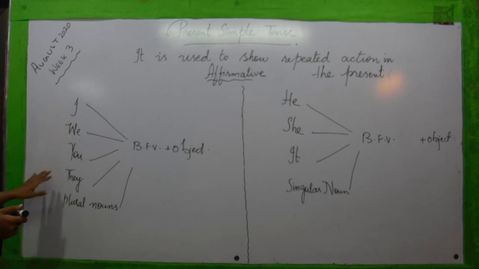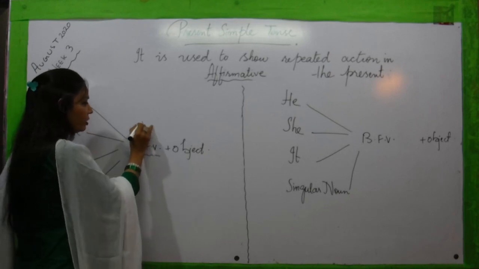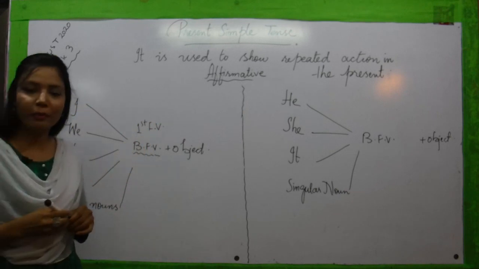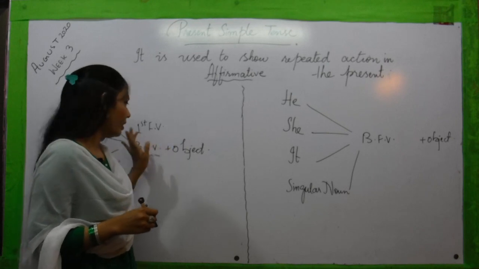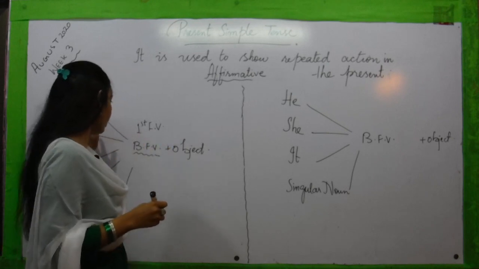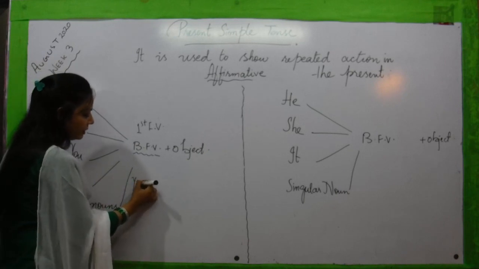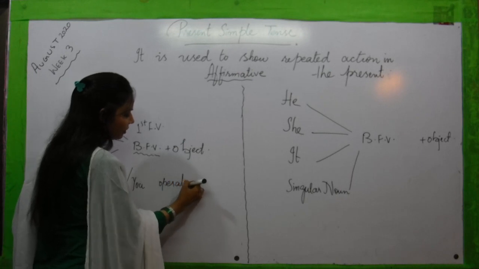With I, we, you, they, plural nouns, we use the base form of the verb, that is also known as the first form of the verb. For example, we would say simply, you operate computer.